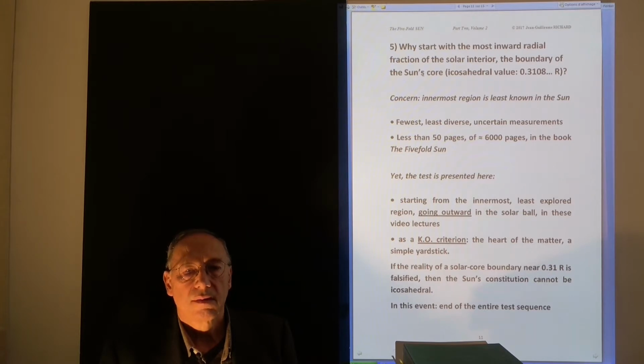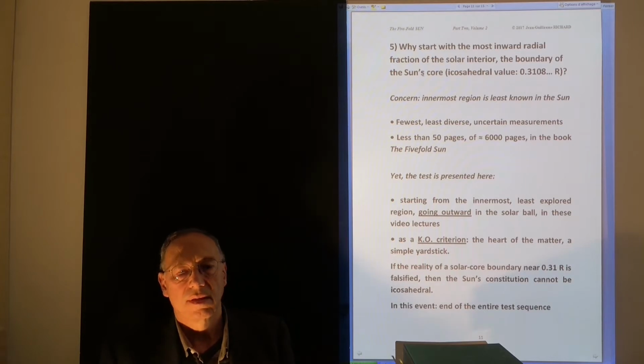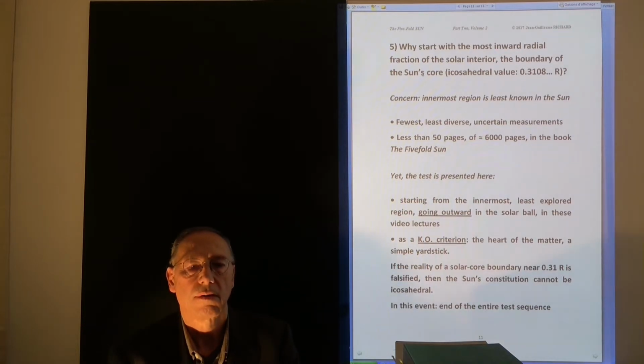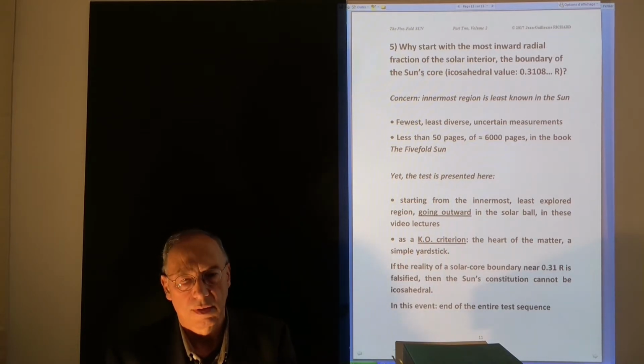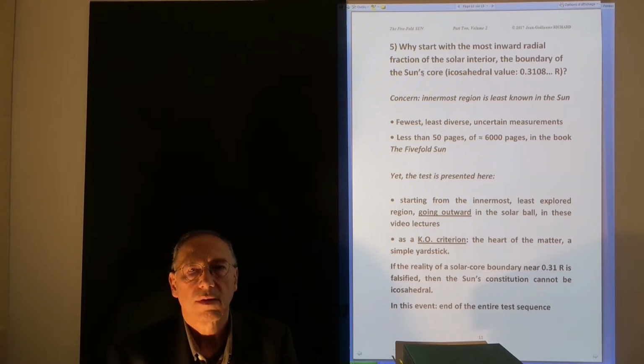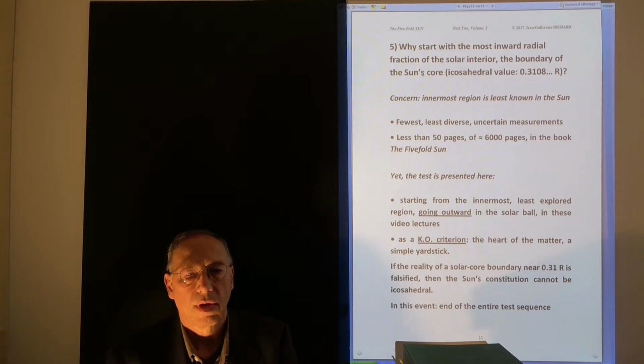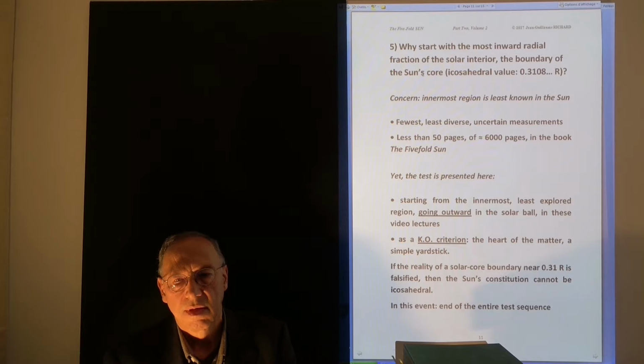Yet we start with this test now because we want to start in this sequence of video lectures from the innermost region of the Sun and then go rigorously outward towards the solar surface. And mostly because we want to use this innermost region as a KO criterion, an acid test, so to say, to start with, because it's a very simple yardstick.